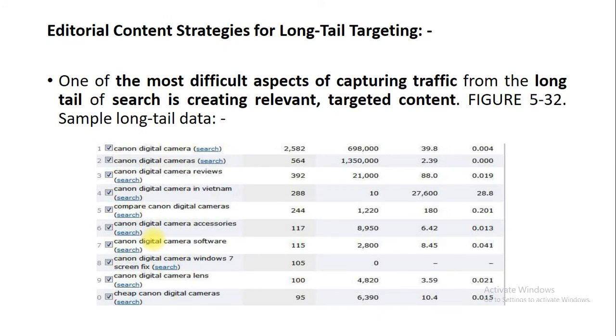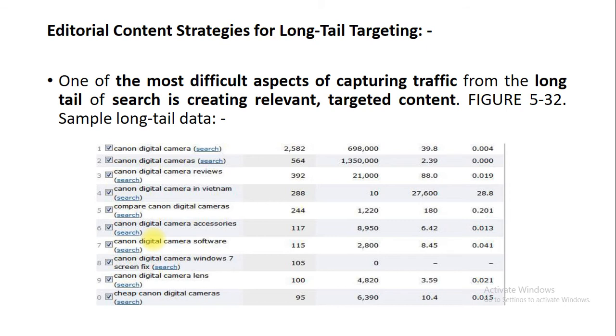Next is editorial content strategy for long tail targeting. One of the most difficult aspects of capturing traffic from the long tail of search is creating relevant targeted content, generally shown in the sample figure of long tail data. Here we searched Canon digital camera, so you have a top 10 list of keywords based on Canon digital camera.